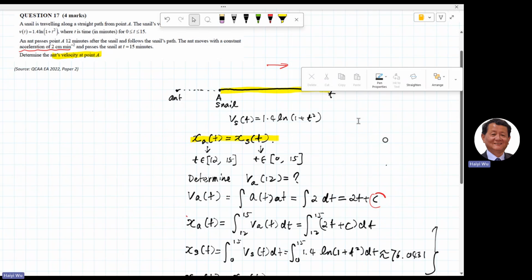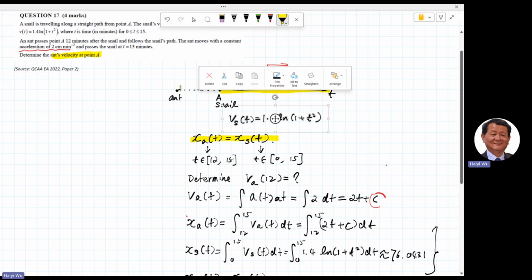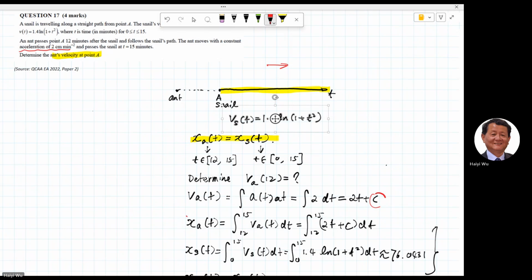But it starts 12 minutes later, which means the ant is 12 minutes behind the snail. Then they travel the same path.